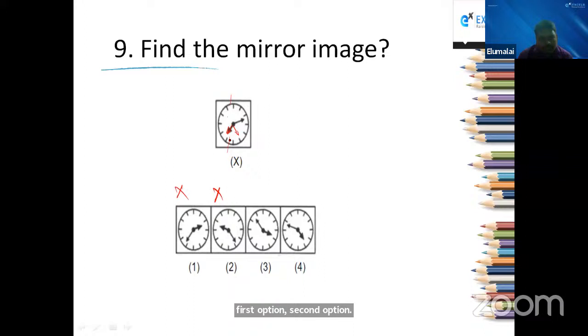Now, here it is in between 7 and 8. So here it will be between this 4 and 5, isn't it? So this one is correct, but this one is not correct, isn't it? So we have eliminated first three options. The leftover is 4. So that can be the correct answer. I hope you can understand this.